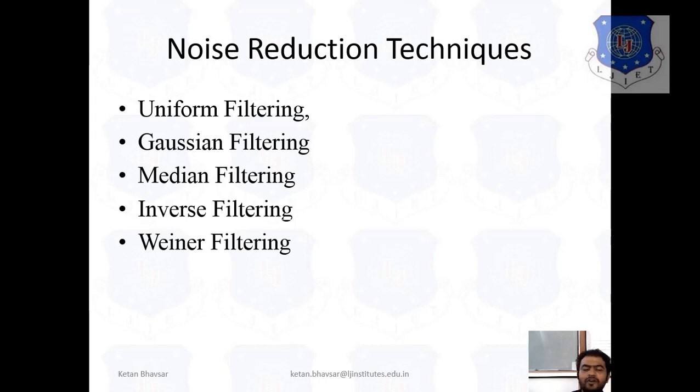And in a practical environment, if you apply some filters and try to extract the original image, after that we use different resulting parameters like PSNR, SNR, MSE. So there are different types of parameters that we have to see, and in a mathematical way we try to prove whether our filter is working properly or not.